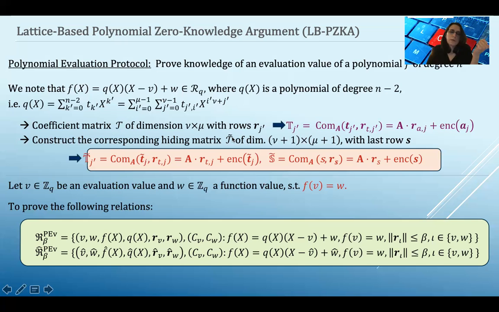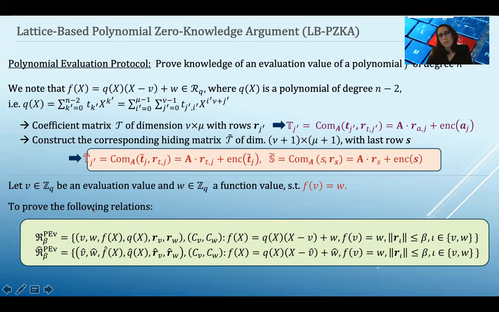The corresponding hiding or masked coefficient matrix is t tilde, which is a bigger matrix by one row and one column. The last row of this matrix, this additional row, is denoted by S. And then the commitment to each row, denoted by capital T tilde, is computed exactly in the same way as we have shown for f.